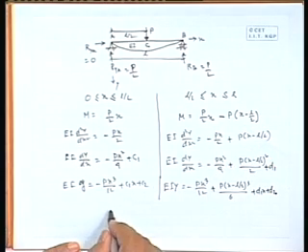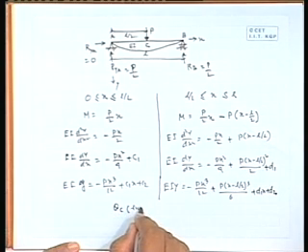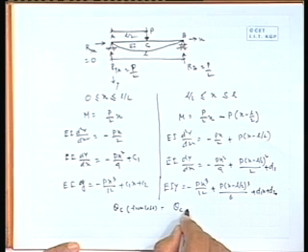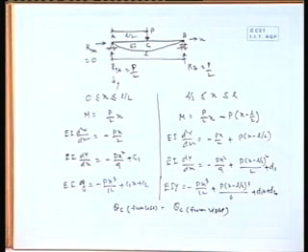So we can say theta at C from left should be equal to theta at C from right. Okay. So if you calculate from the left side equation, and if you calculate theta from the right side equation at C, it should be equal. Okay. So that is the equation.